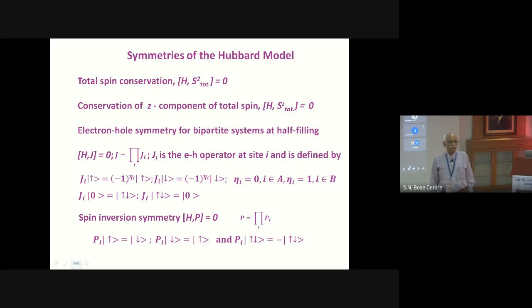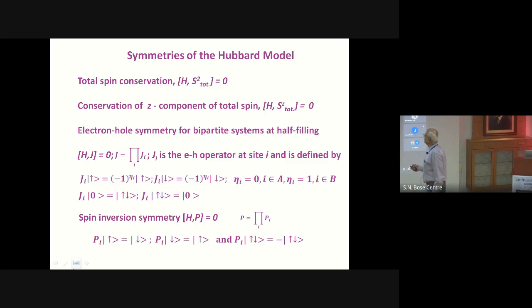Bipartite systems in quantum chemistry literature are known as alternant hydrocarbons, where you can completely break up your system into two sublattices, and the hopping of the electron happens only from a site in one sublattice to a site in another sublattice. There is never a hopping term which connects sites in the same sublattice. So this is what's called an alternant system.